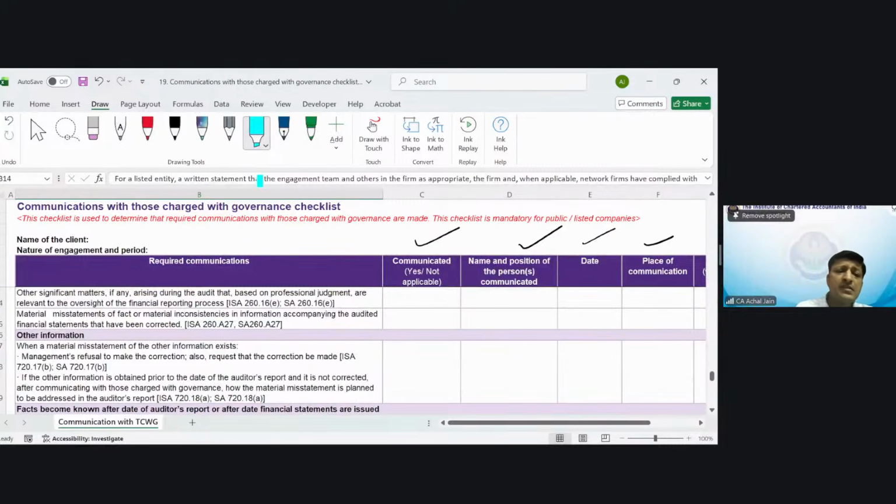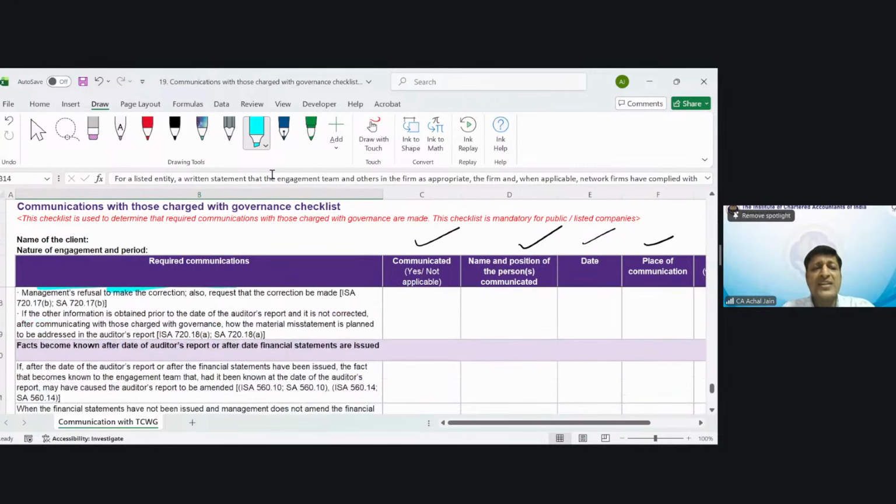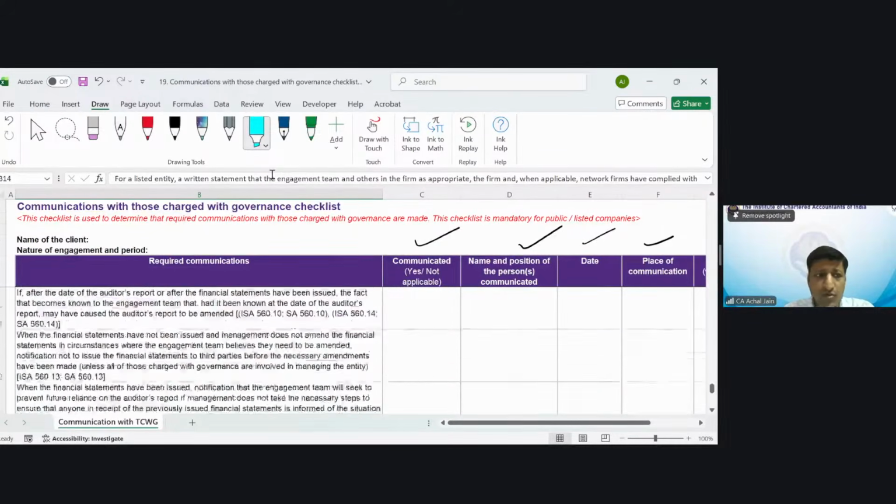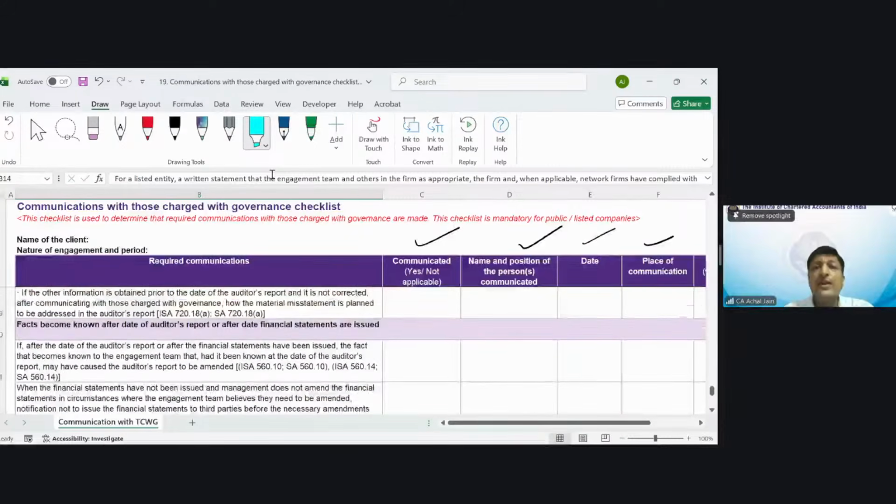If there are other matters, such as when material inconsistency in other information exists, say management's refusal to make the correction, or facts that became known after the date of the auditor's report and after the date the financial statements are issued, if that is required to be discussed, that's a matter we will pick up maybe slightly later. So this is again a sort of checklist one may look into as far as the audit requirements are concerned.